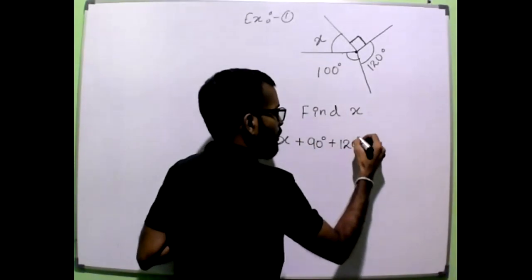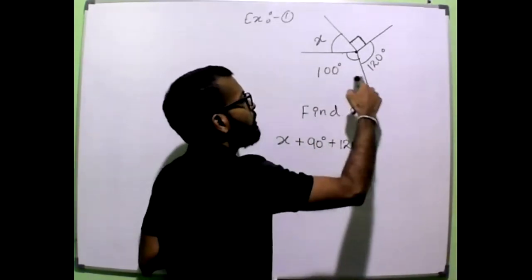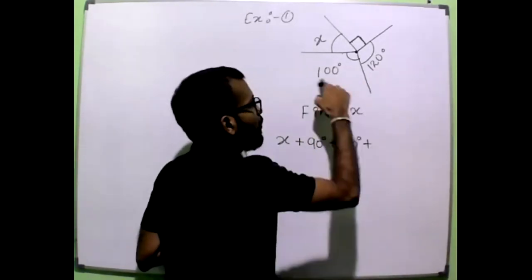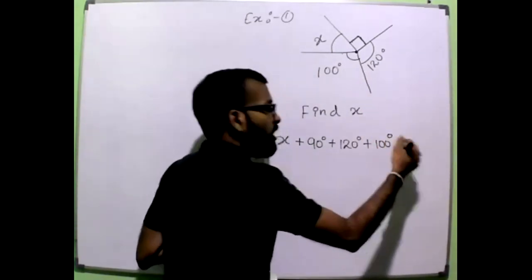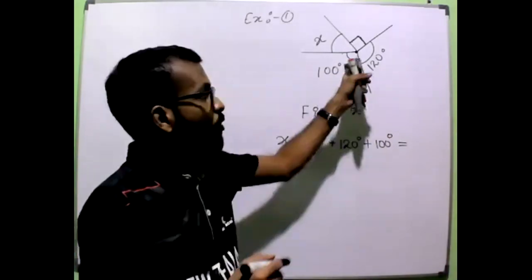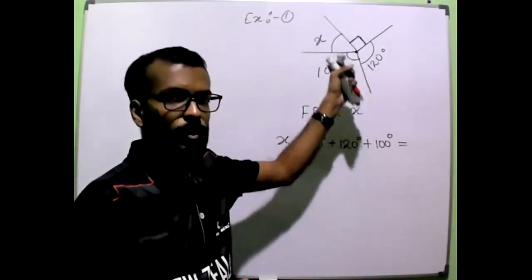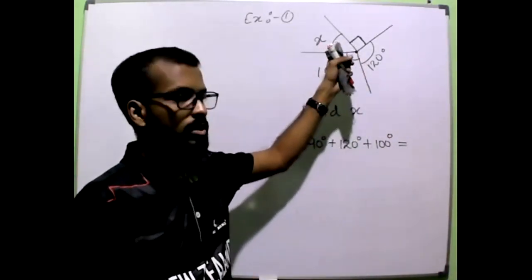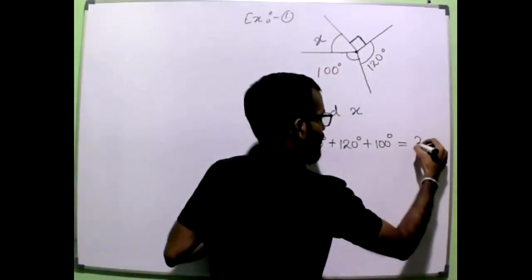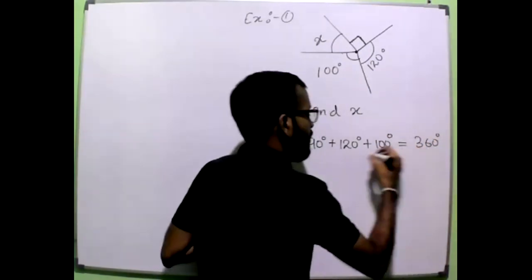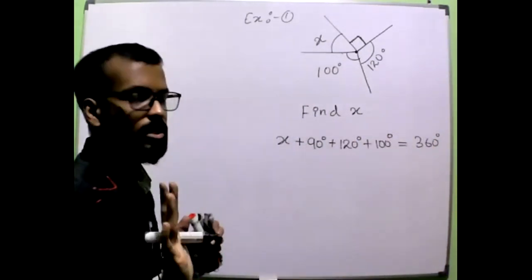I am going to get the summation of these 4 angles. This should be equal to what? Around the point, the summation is 360 degrees. So total should be 360.